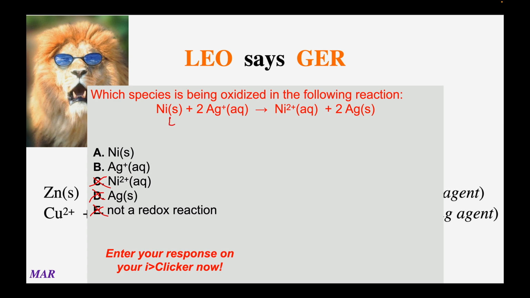So if you look at this reaction, nickel going to nickel 2 plus, nickel is becoming more positive. Nickel can only go to 2 plus if it's lost 2 electrons. Likewise, silver plus here is going to silver 0. So silver plus is becoming less positive, more negative. Silver plus is going to be gaining electrons. So here, because nickel's becoming more positive, it is losing electrons.